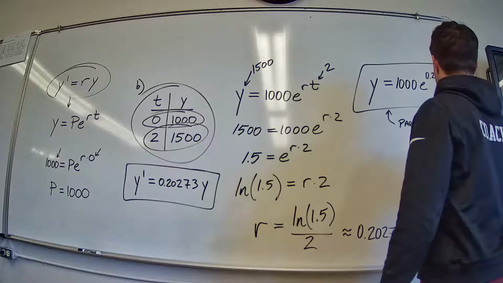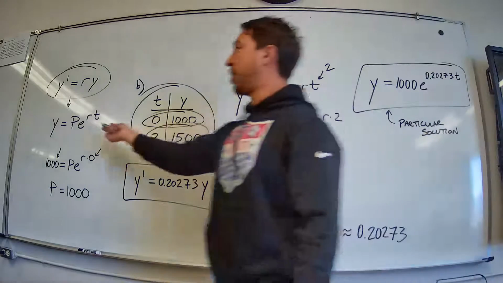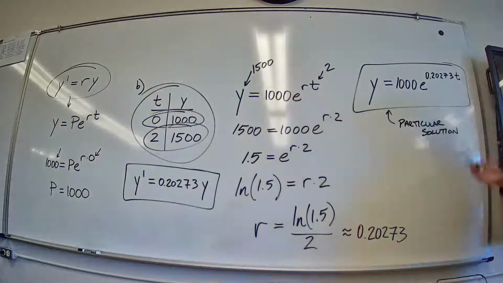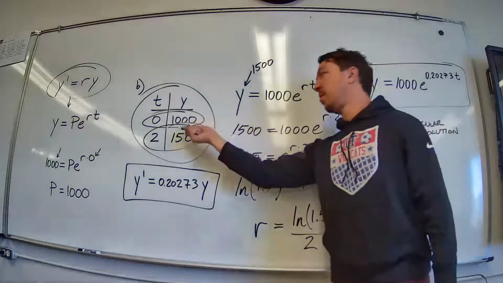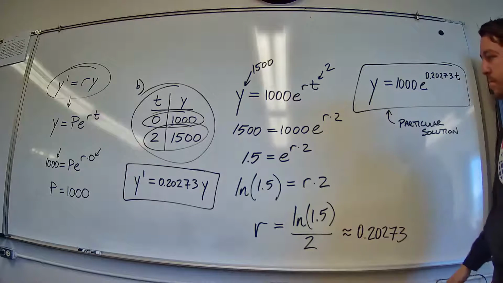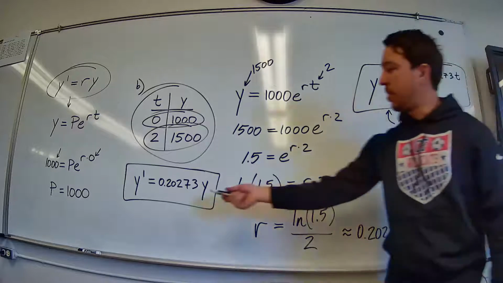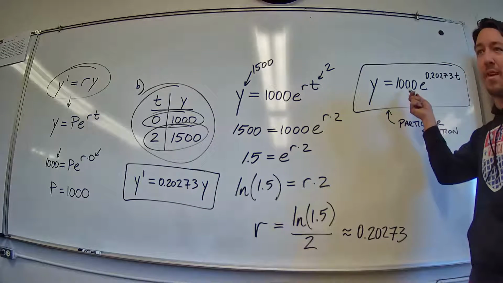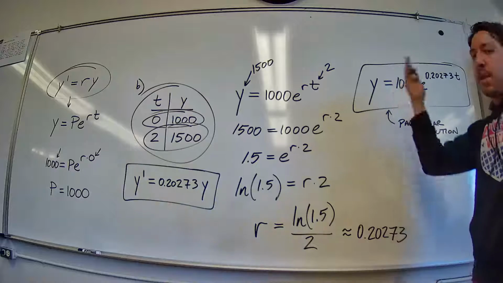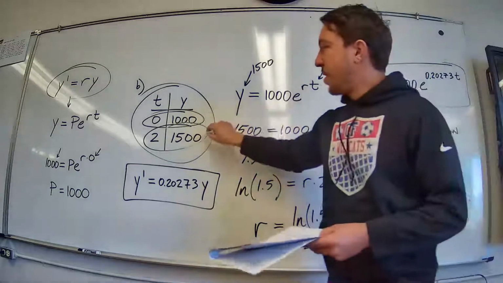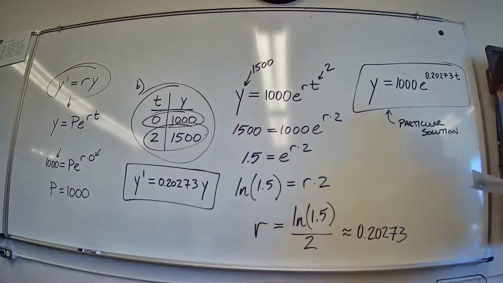The general solution is just the general form where you have these unknowns in there. The particular solution is, if you give me this data, there's an exact function that does that. If this was your differential equation, you'd always have this R value, but you might not have the same P value. You might have had a P of 10,000 or 1,000,000 or something. So you need 2 data points to get the full particular solution.